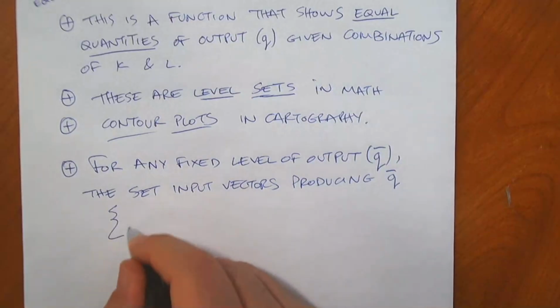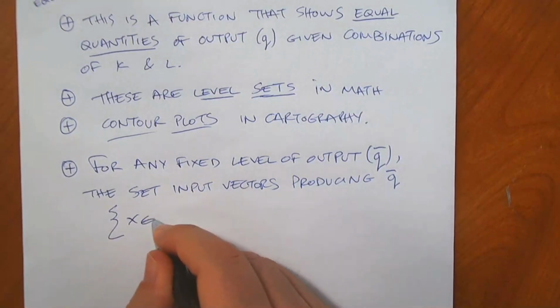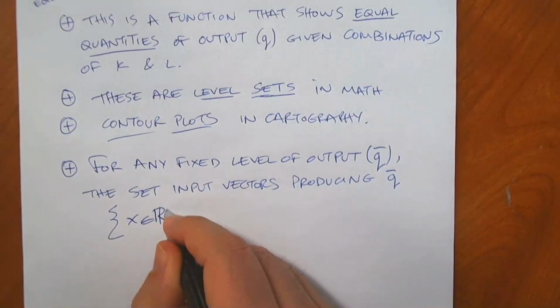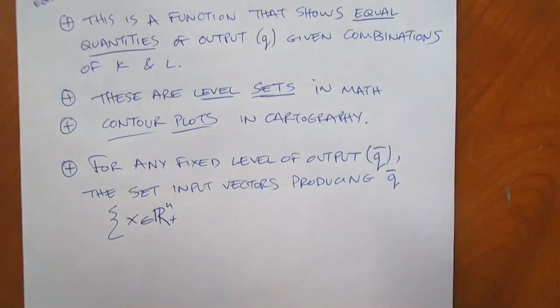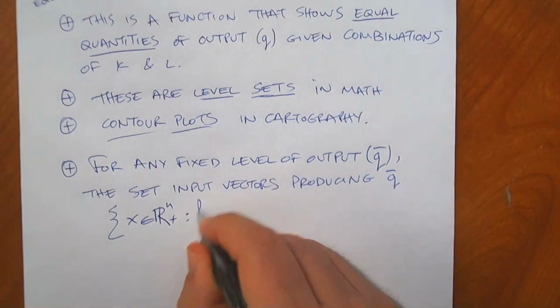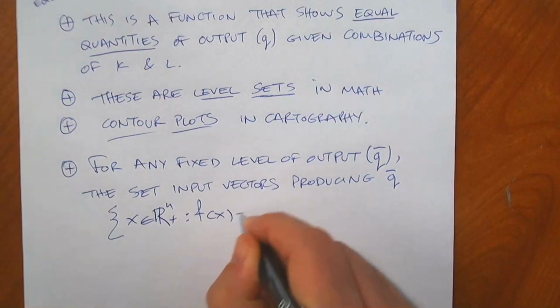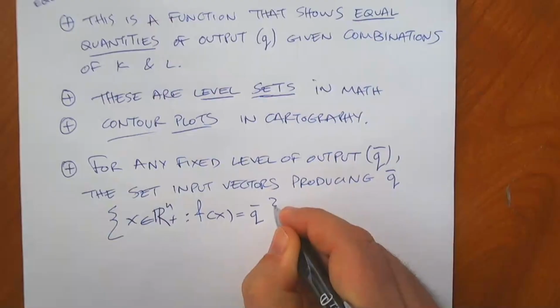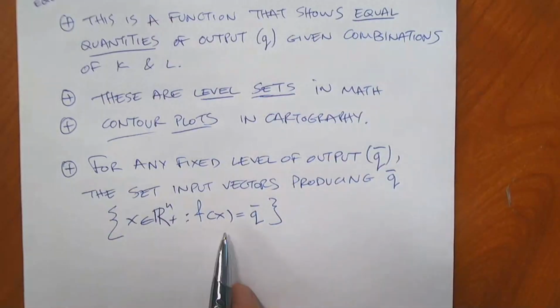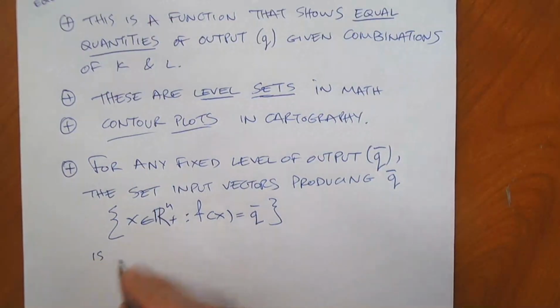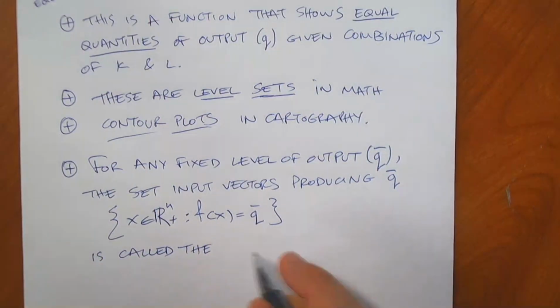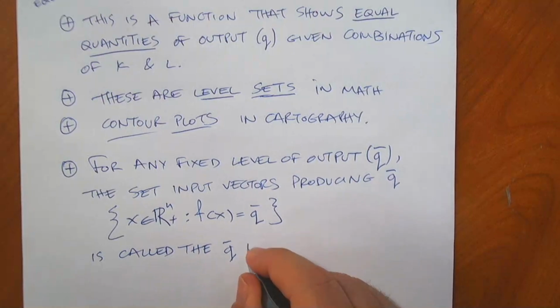So the set is as follows: X belongs in the space of positive Rn, right? You have n different inputs, taking positive real values in particular, such that f of x is equal to Q bar, right? So you're defining a set of x's such that the production function is equal to a specific level of Q. So this is called the Q bar level isoquant.